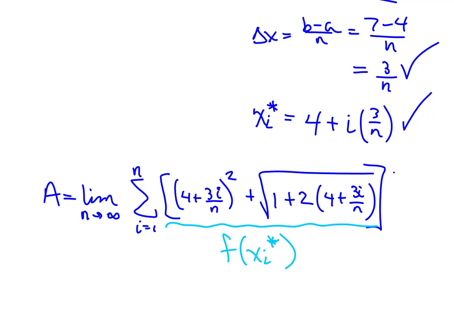Okay, well we're not done, because after f of x sub i star in our formula for this limit, as you'll know above, we also have to multiply by delta x. Well, delta x in this case is simply 3 over n. And so with that in place, we now have the formula all set, where we have the limit as n approaches infinity of the sum of f of x sub i star times delta x, and of course those are defined specifically to the function given and the boundaries given in this example.